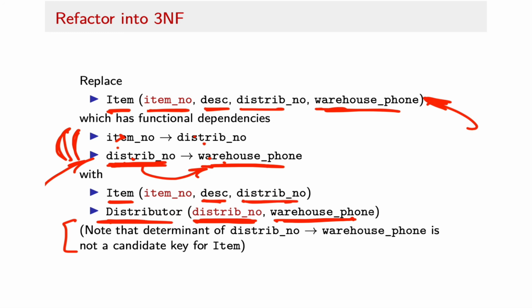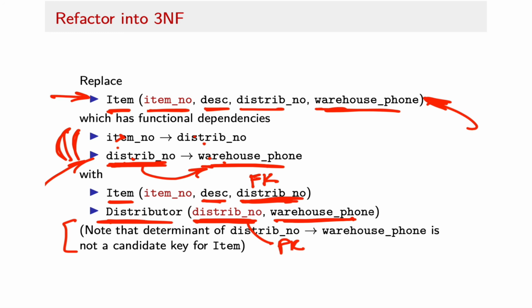Because in this case we have the distributor number, which, if you map this into an actual database, takes the role of a foreign key that refers to that primary key.